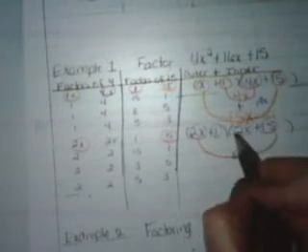And then we take our inner terms. 1 times 2x gives me 2x. Here's your inner terms. Once you find them, you're going to add them together. 30x plus 2x gives me 32x. I'm still looking for 16x, so that's not going to work either.